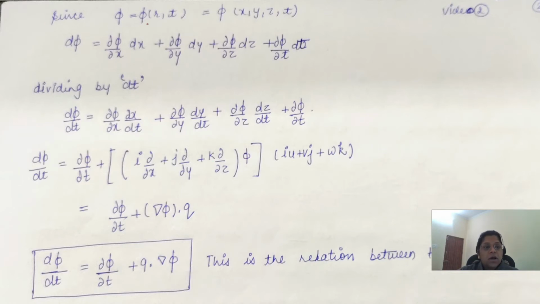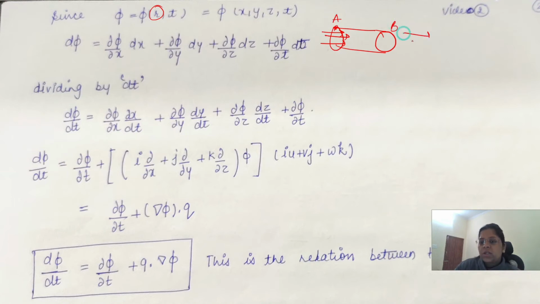Now phi can be represented as phi(r, t). If the fluid is moving from direction A to direction B, and I take any point P in a three-dimensional body, its coordinates are x, y, z and time t.